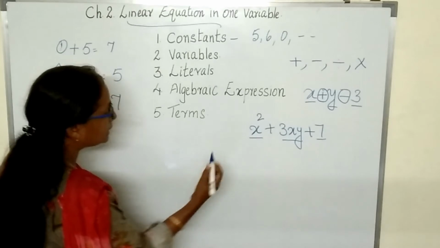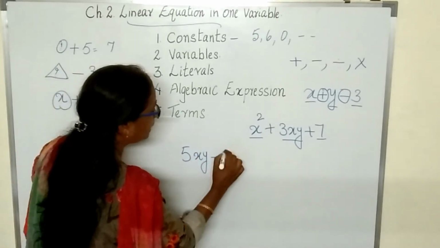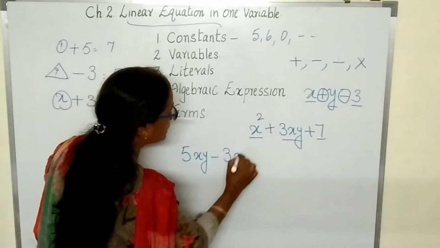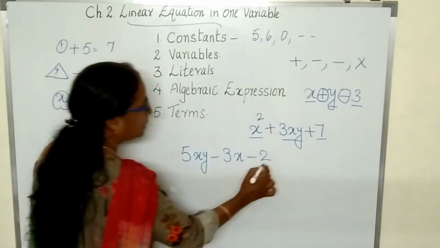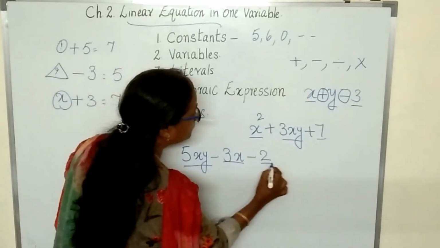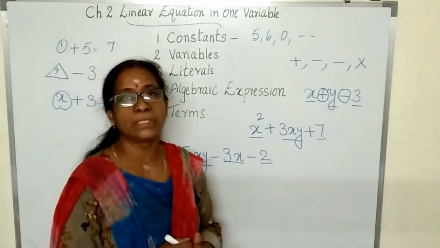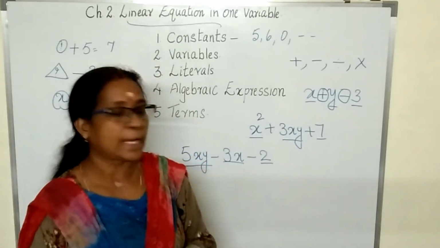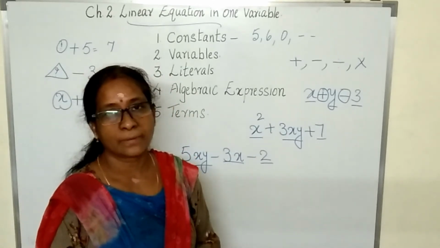Another example, if you take 5xy minus 3x minus 2. Here you have one term, second term, third term. So the terms are parts of an expression which are separated by plus or minus sign.